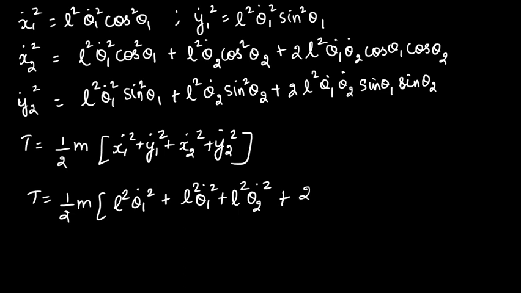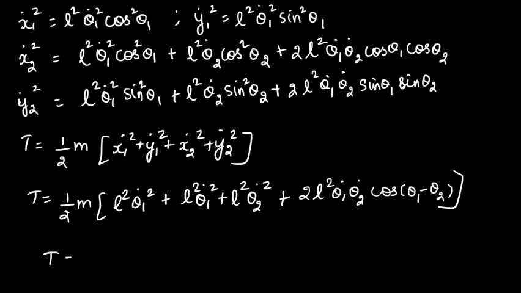And now we have this cos theta 1 cos theta 2 plus sin theta 1 sin theta 2. That is written as cos of theta 1 minus theta 2, because cos A minus B is equal to cos A cos B plus sin A sin B. I am using that identity and have simplified this.